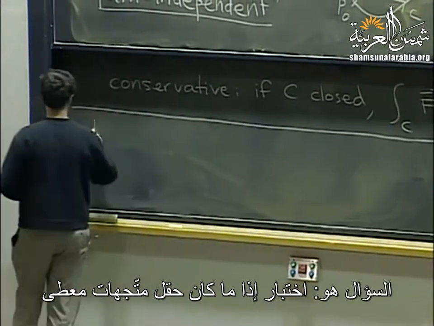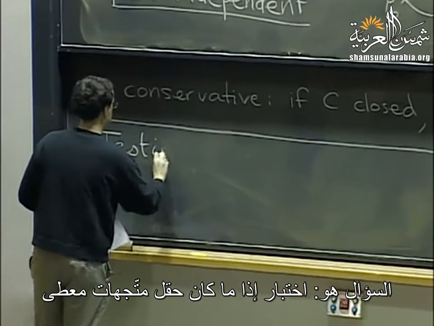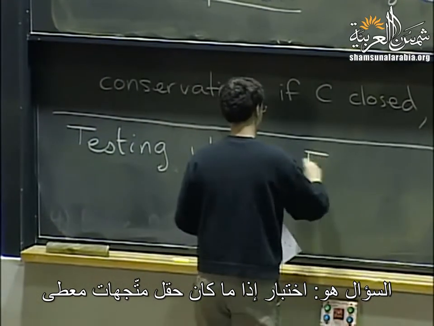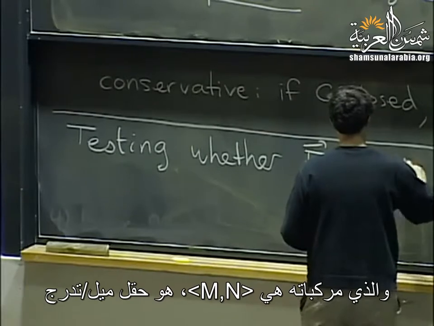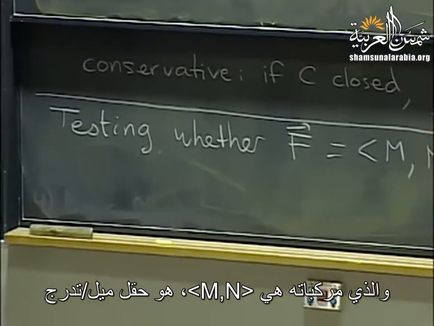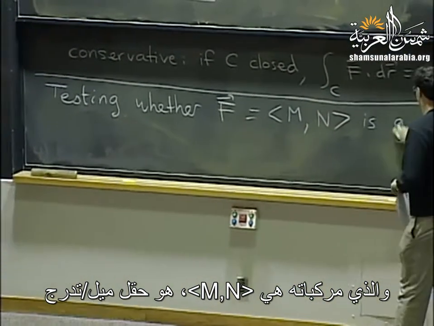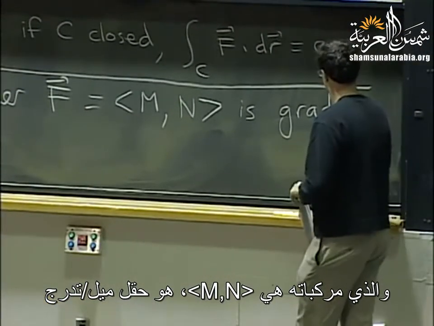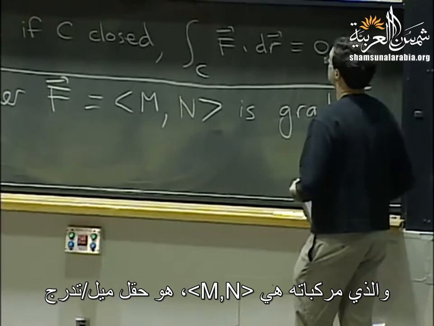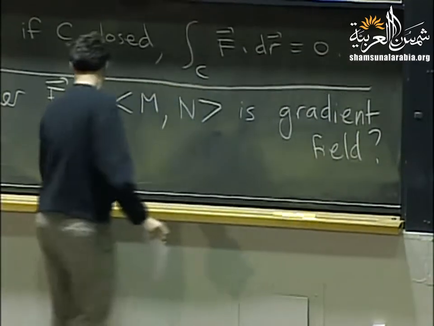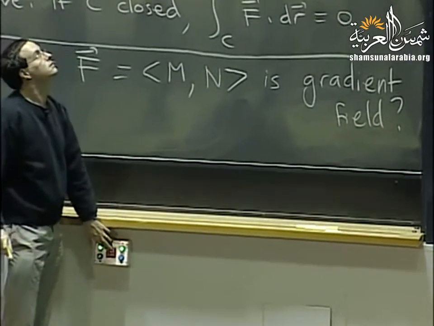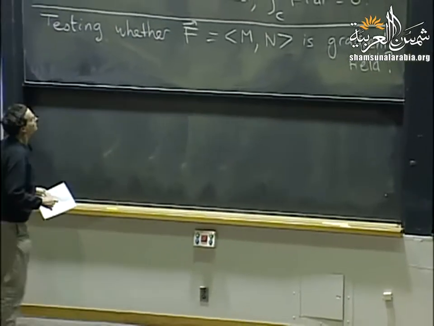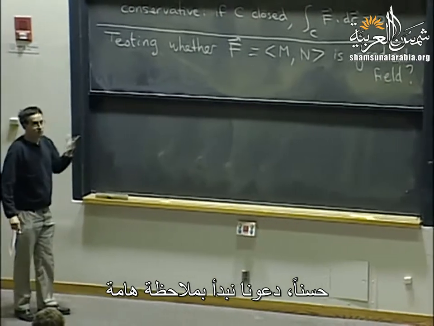So the question is testing whether a given vector field, let's say with M and N components, is a gradient field. Well, let's start with an observation.